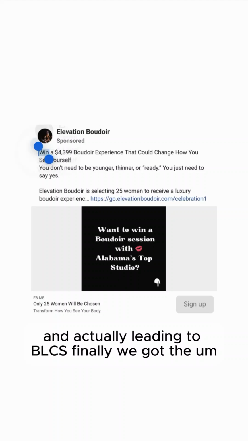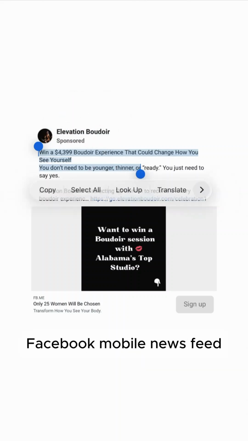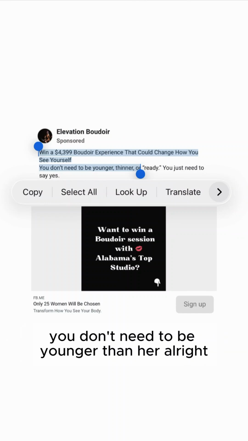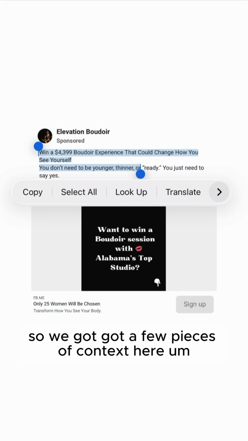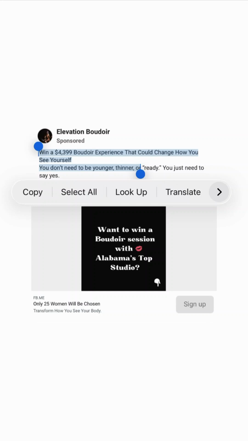Finally, we got the see more headline, first 2 3/4 lines, Facebook mobile news feed. Win a 43.99 boudoir experience that could change how you see yourself. You don't need to be young or thinner. All right, so we got a few pieces of context here, but we're still making the lack of context mistake.